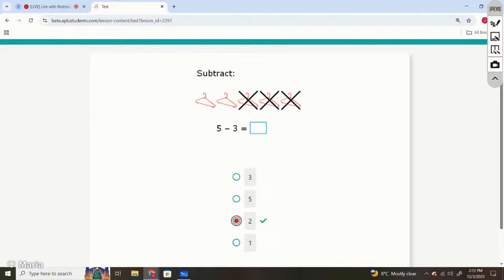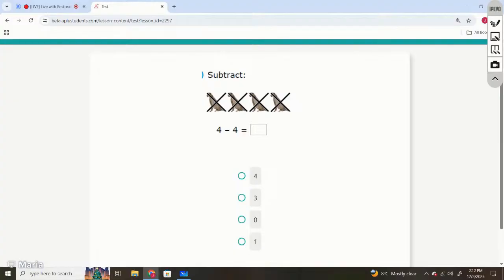Option number 3 is the correct option. 4 take away 4, zero, it is right.